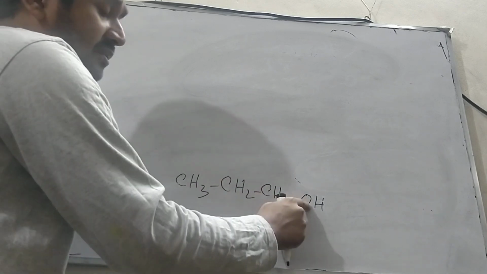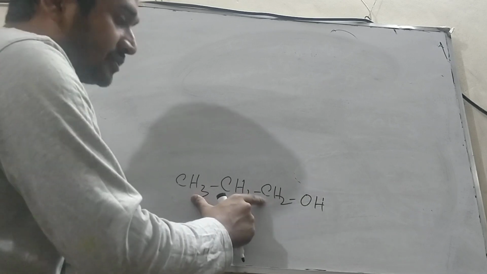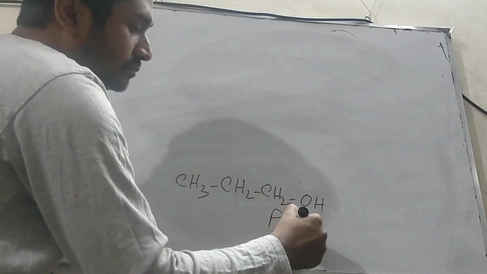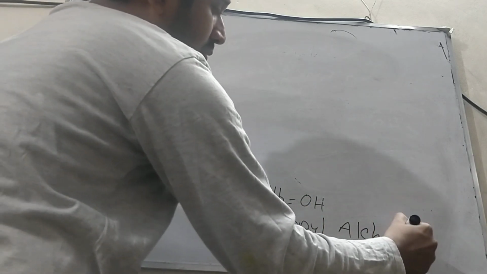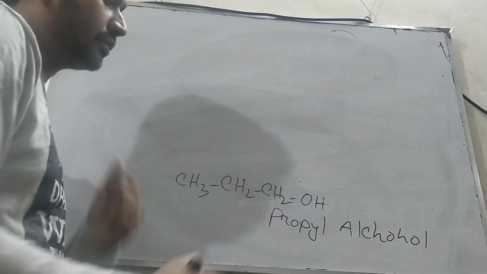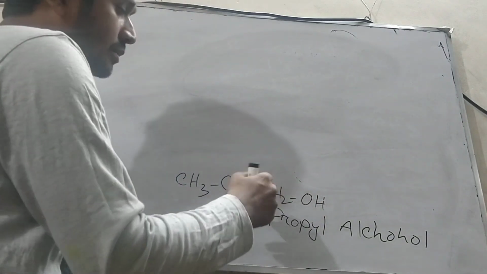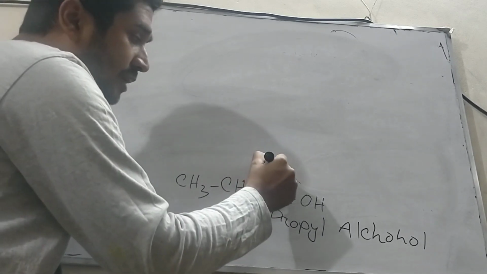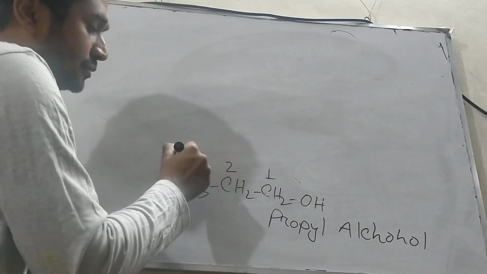So there is an alcohol, and it's called propyl because of 3 carbons. And finally it will be said propyl alcohol or propanol. So alternatively it will be said propanol 1 because we have to count it from here, 1, 2, 3.